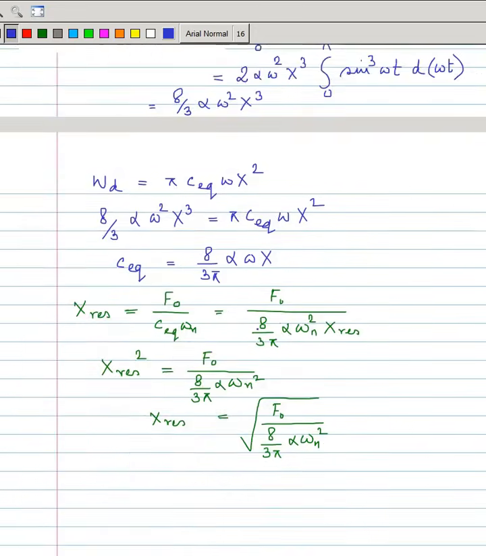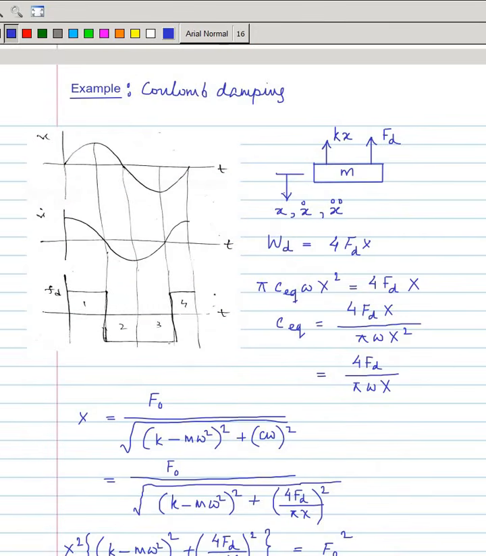This is one assumption we are making. Coulomb damping is like this, it's constant. And as the velocity changes, again it is constant.